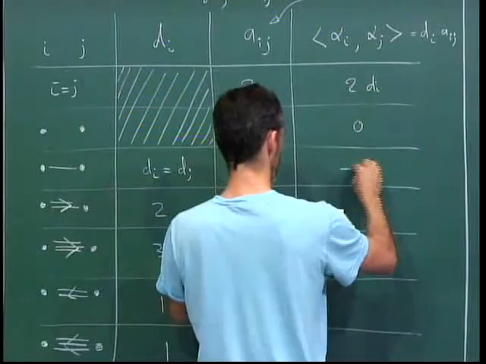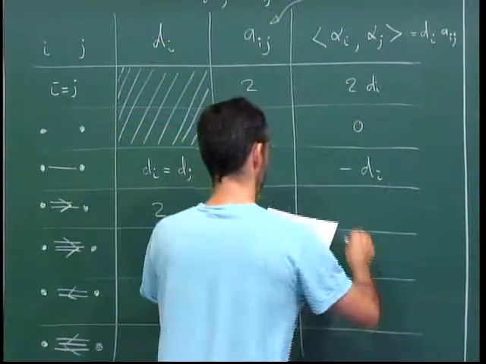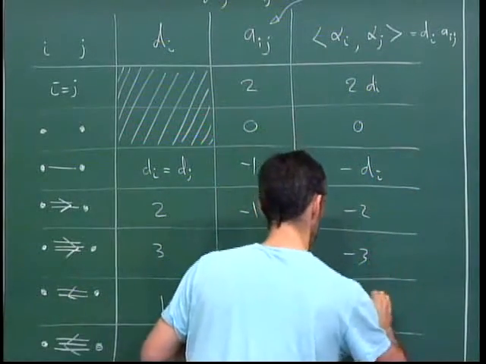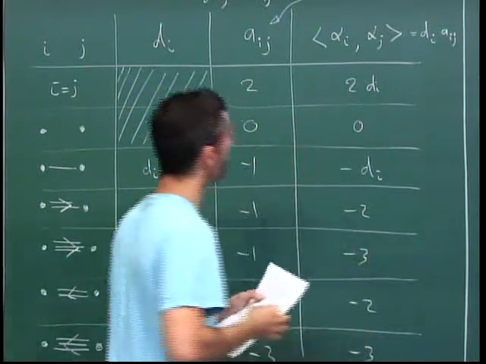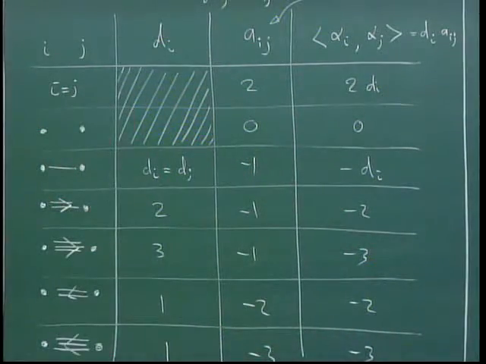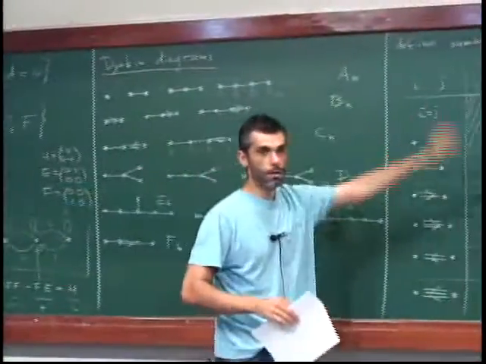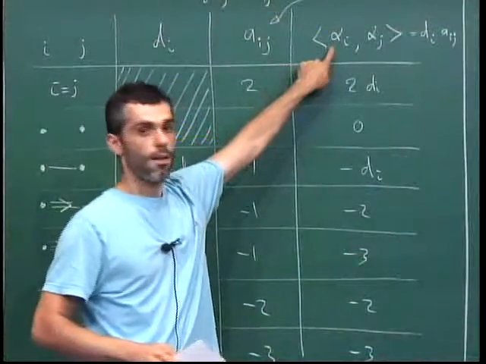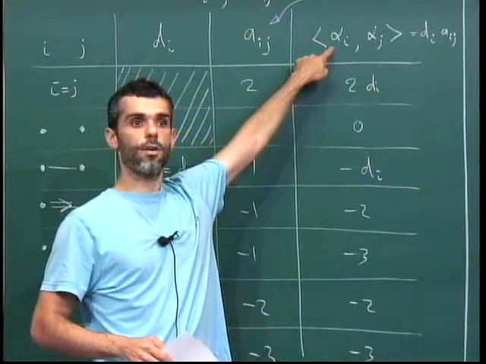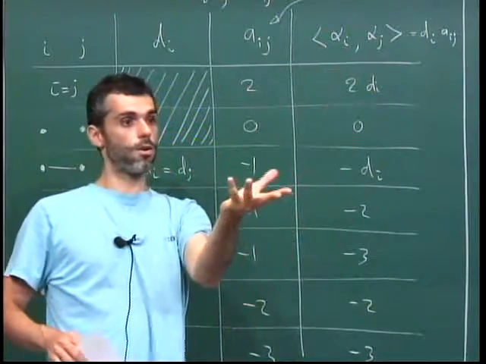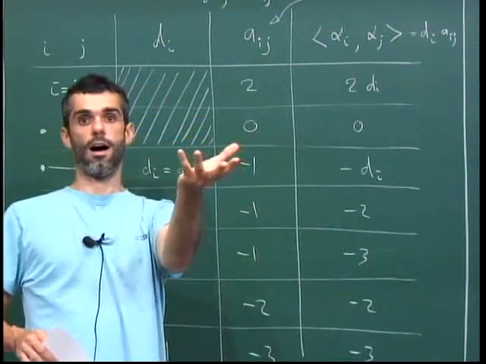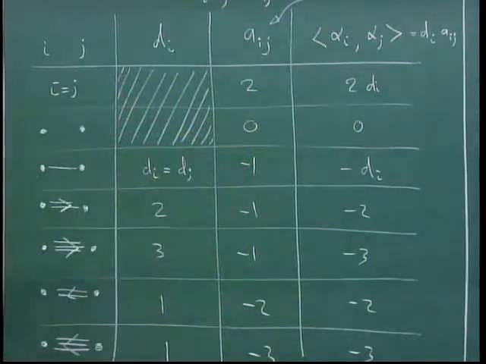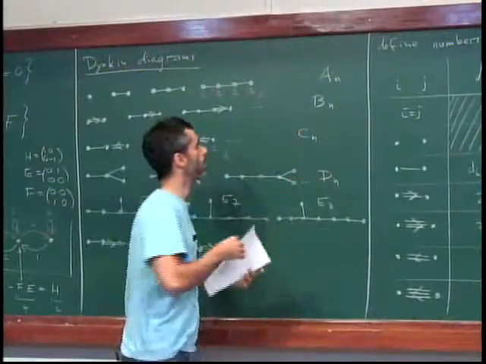Here it's minus di. And here it's minus 2, minus 3, minus 2, minus 3. So you start with this Dynkin diagram. You do all this combinatorics. You end up with some values for the inner products. And then suddenly, you know how it sits in n-dimensional space. This n, by the way, is called the rank of the Lie algebra.